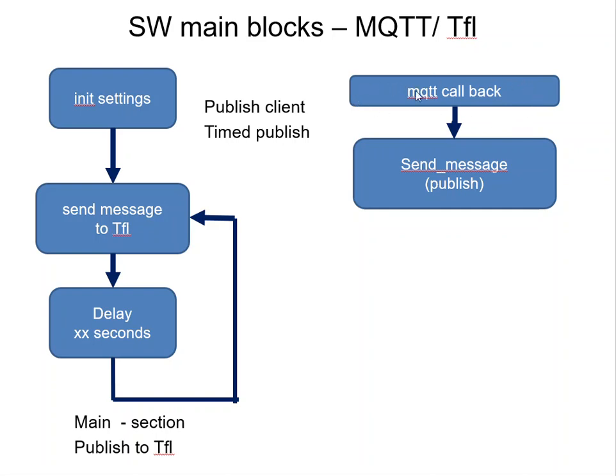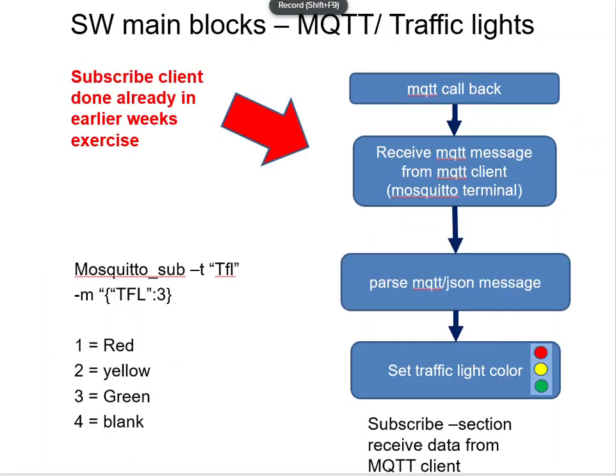There's one callback more now, and that callback is the send message, which will create the MQTT publish messages to be sent to the broker. And if you look at the MQTT receive CPP code, there's also the receiving part, but the receiving part we have done already earlier, so don't worry about that. Now we are concentrating on sending the messages.